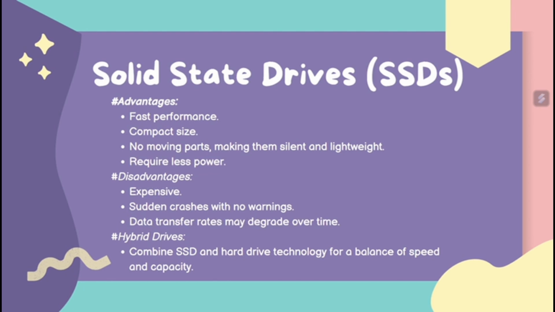SSD also has disadvantages: it is very expensive, it can crash suddenly with no warning, and data transfer rates may degrade over time. We also have hybrid drives, which combine SSD and hard drive technology for a balance of speed and capacity.